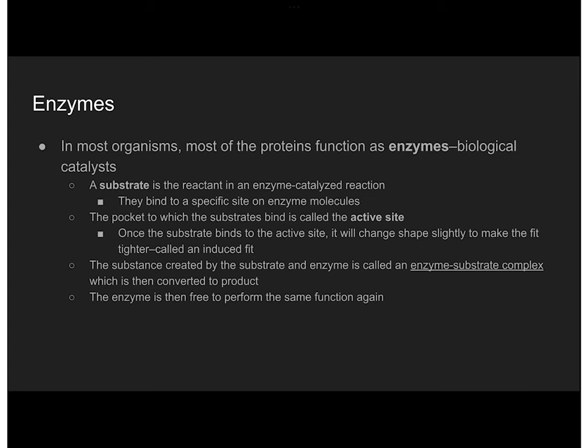And the substance created by the substrate and enzyme is called an enzyme-substrate complex. That is then converted to product because the catalyst itself lowers the activation energy to allow a chemical reaction to occur and change the reactants into products. Then it will release your product, and it will perform the same function again because the catalyst is not used up in the process.